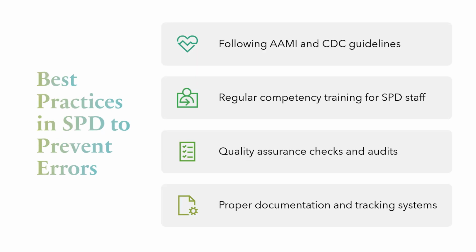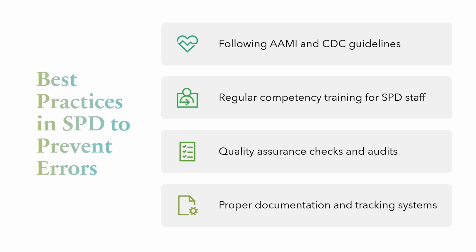So here are some best practices in the sterile processing department to prevent those errors. Well, first we're going to follow AAMI and CDC guidelines. We will also follow any other guidelines, say from OSHA or even AORN. Staff should be trained regularly.